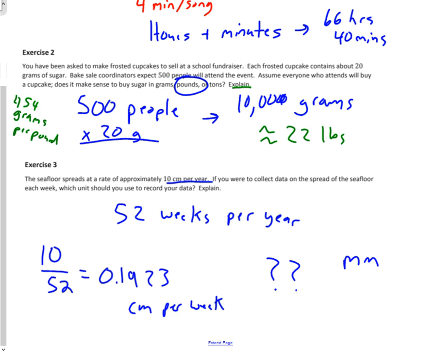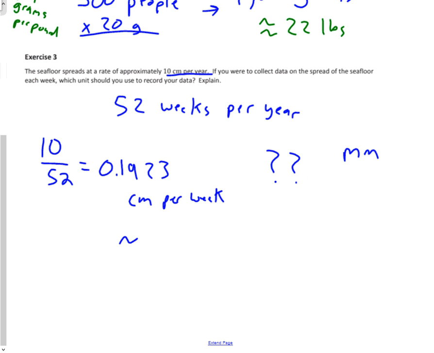There are 10 millimeters per centimeter, so if we multiply that by 10, this would be approximately 1.9 millimeters per week. Something more reasonable that you can actually work with, a number that's above 1, but not so big that it's unbearable. So we're trying to find ways to make numbers more reasonable.